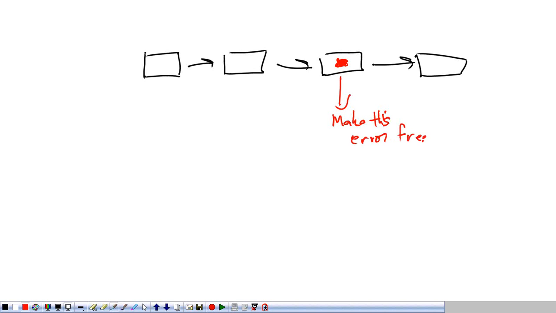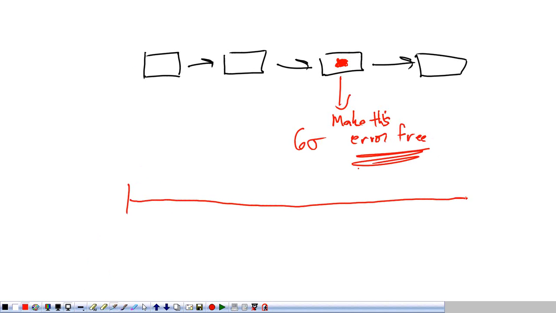Remove defects. That's Six Sigma. Lean, on the other hand, says, let me look at this whole timeline.